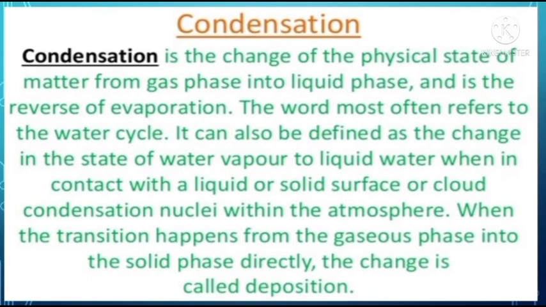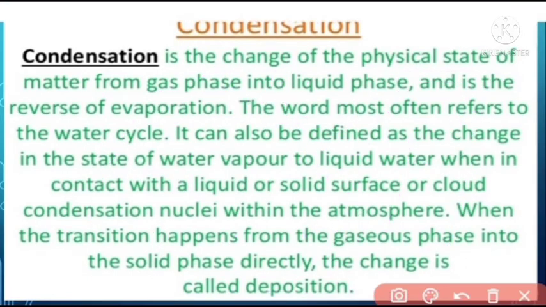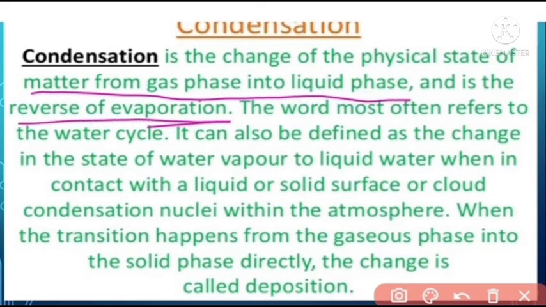Condensation is one of the physical change methods. Here the substance changes from the gaseous phase to the liquid phase, which is the reverse of evaporation. So the condensation method is directly opposite to the evaporation method. The word most often refers to the water cycle.